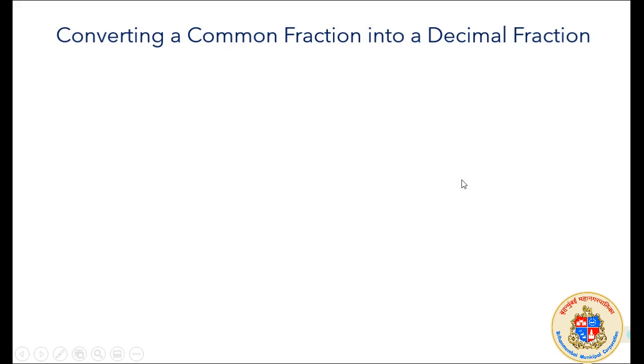Converting a common fraction into a decimal fraction. A common fraction is, suppose, a fraction like 3 upon 4. We have to convert this into a decimal fraction. This is not a decimal fraction now. The word decimal has a meaning, as I told you last time, 10.